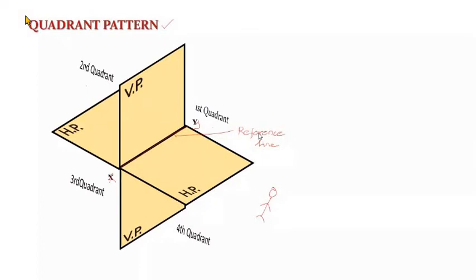Is that clear? Because this quadrant system is three-dimensional, in order to make it simple, we are going to observe from here. If you see from here, what will you see?